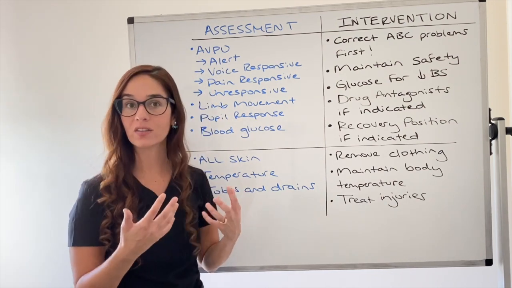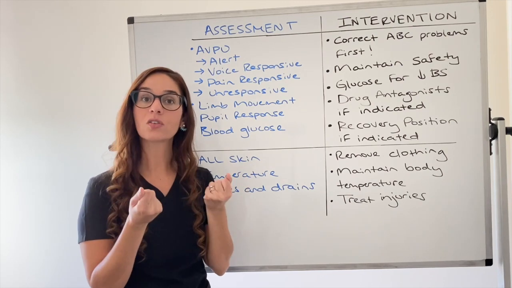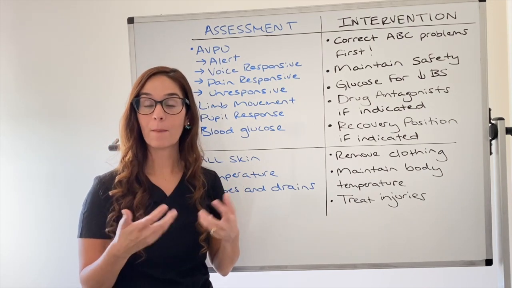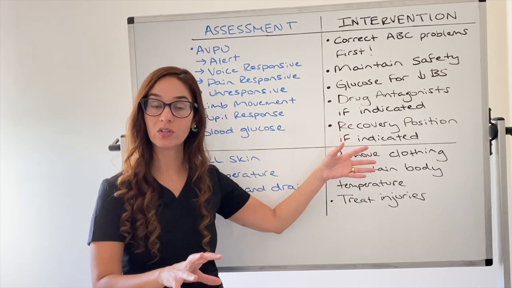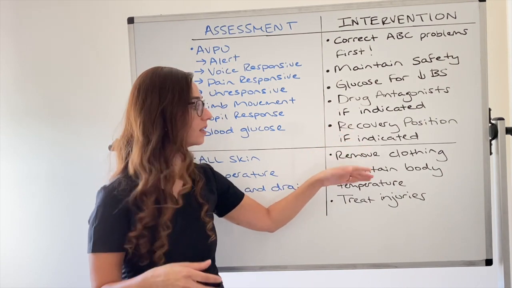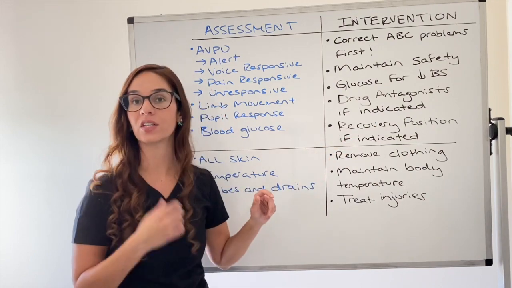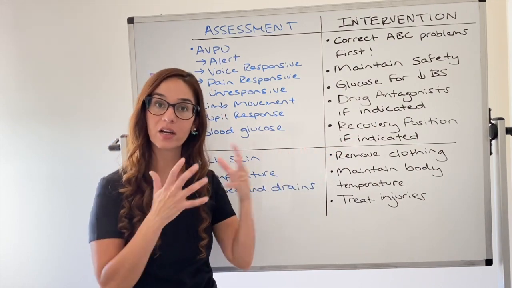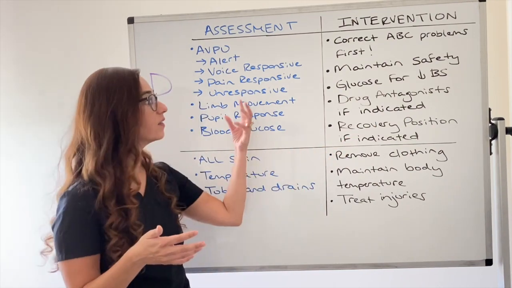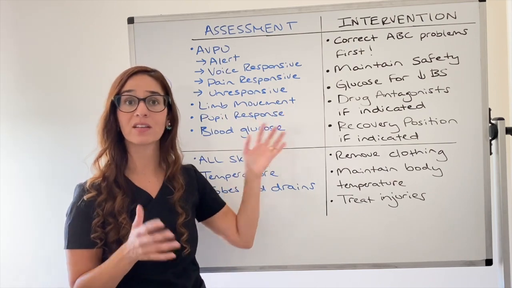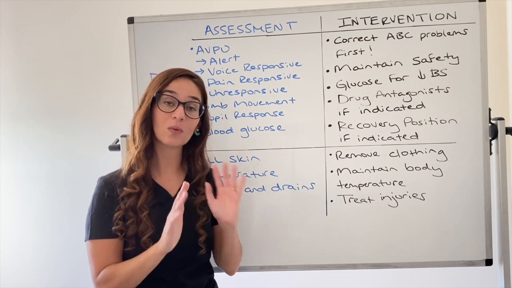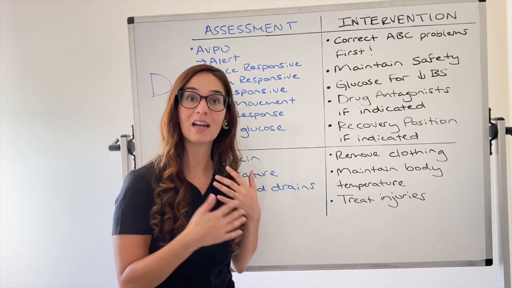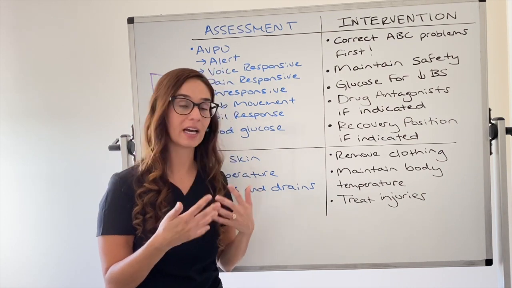We have drugs that can soak up toxins in our body that we might have to administer for patients that might have exposure to toxins or drugs or substances. And then recovery position if indicated. I've already talked about an unresponsive patient. If they have a change in behavior, if they're unresponsive, if their airway is not protected, as long as it's not contraindicated, we need to be turning them on the side to protect their airway, okay?